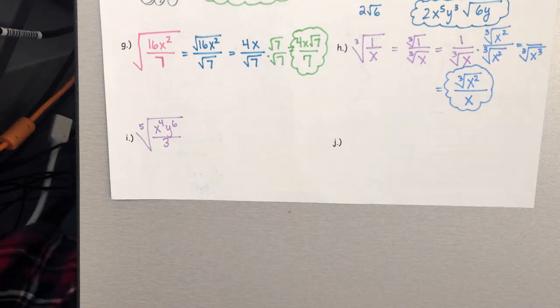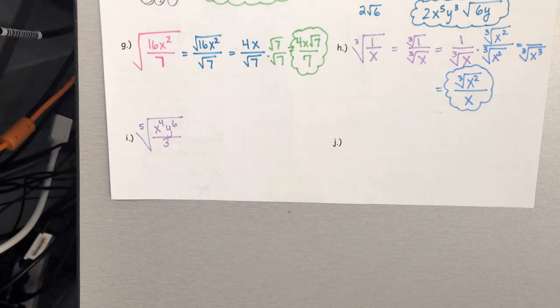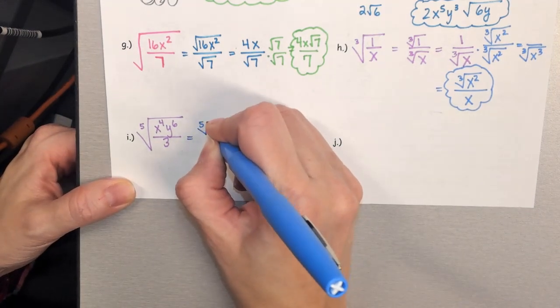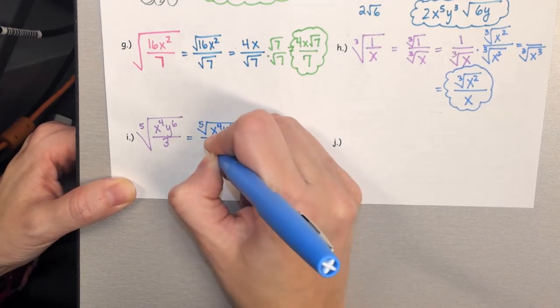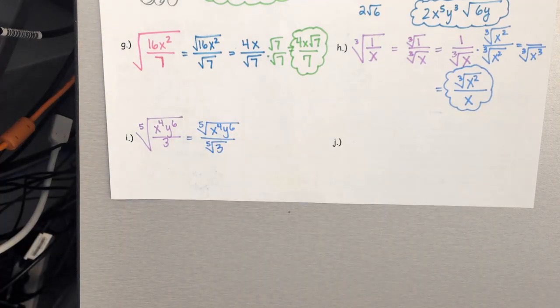Okay, so I want you to do the first step. So the first step is just splitting this up and then simplifying, just like we did yesterday. Okay, so I want you to simplify what you can from that.